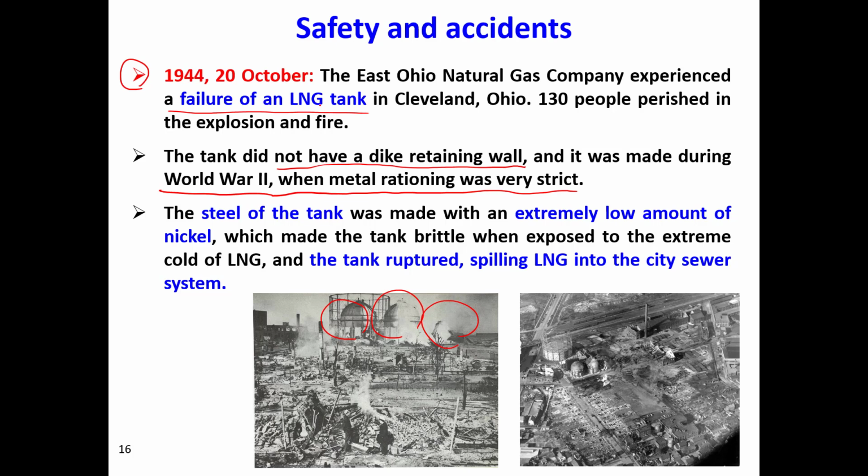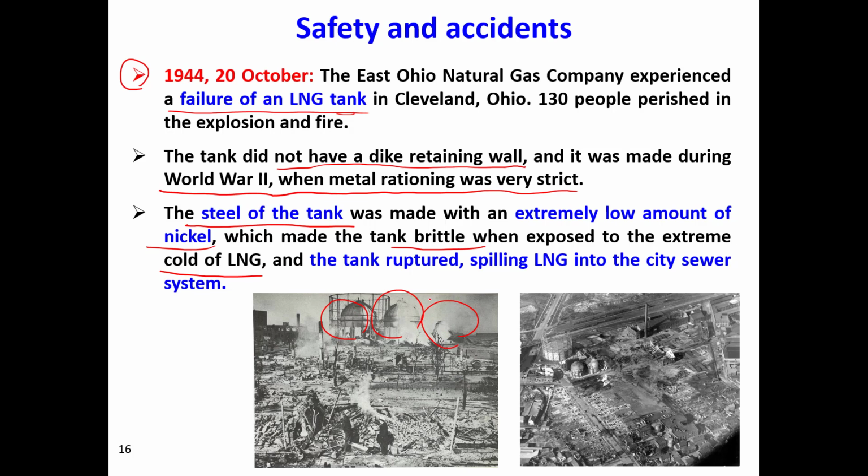The tank was made of steel with an extremely low amount of nickel. You usually need a good alloy for your tank. So that was the reason the tank was brittle when it was exposed to the very cold LNG. As I said, metal properties can change at low temperature, right?